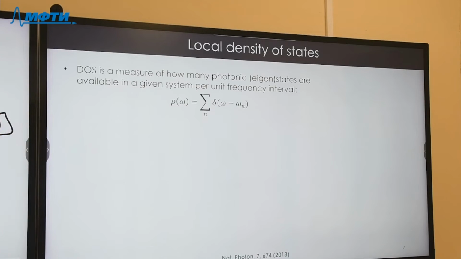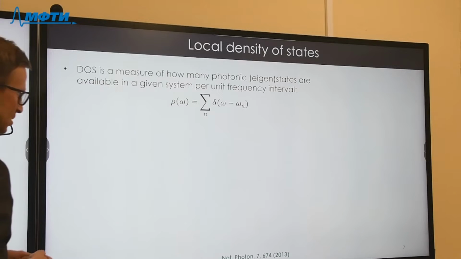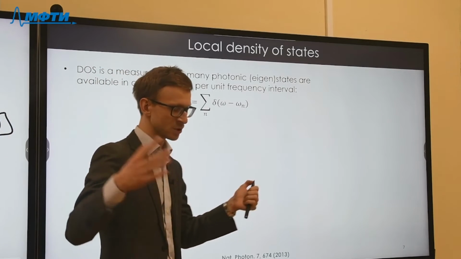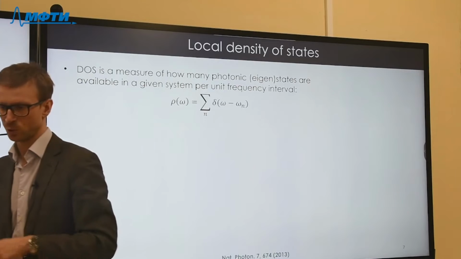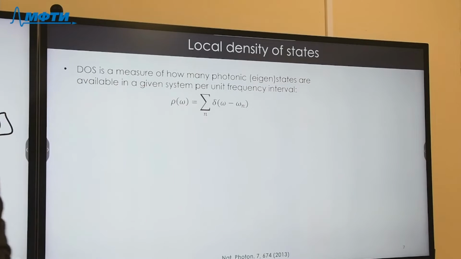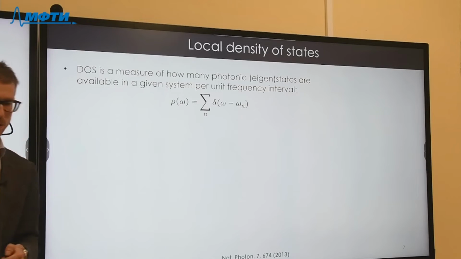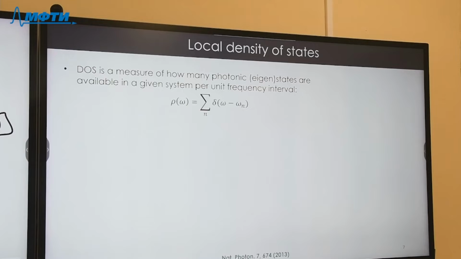Density of states tells you, if you have a configuration space of some modes, for example, free space electromagnetic modes propagating in free space, or modes of a waveguide or something else, how many states you have in a given system per unit frequency interval.